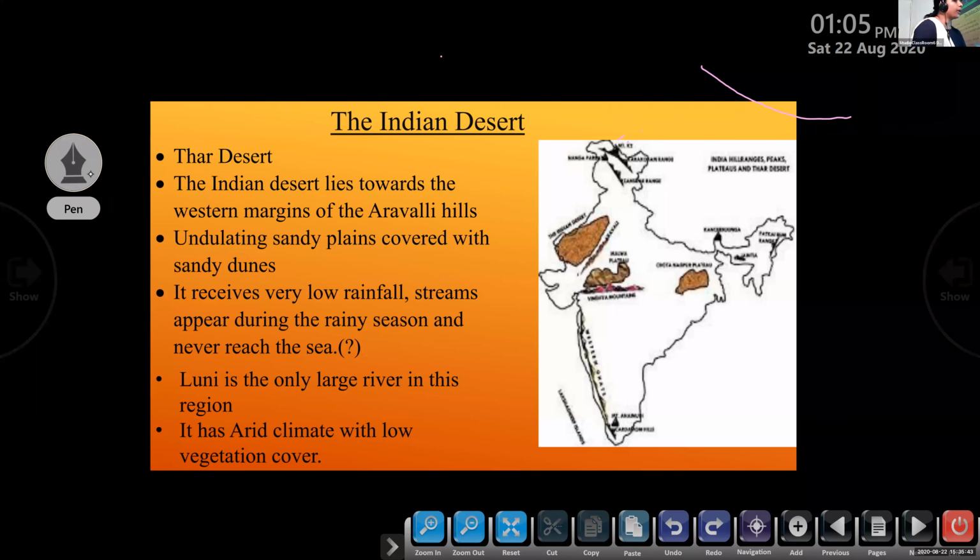Streams appear during the rainy season, but they never reach the sea because they disappear into sand as they do not have enough water to reach the sea. Only one large river is there in the region. What is the name of the river? Luni. It has an arid, dry climate. It doesn't allow the growth of plants and animals in this region. So we can see low vegetation cover in the desert area.